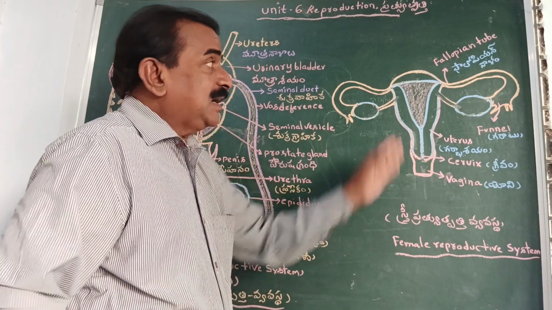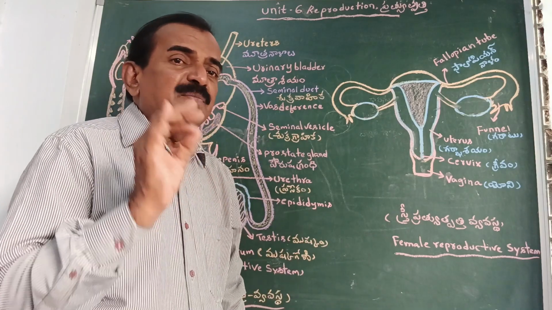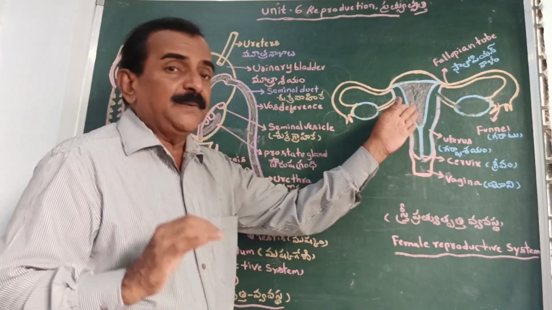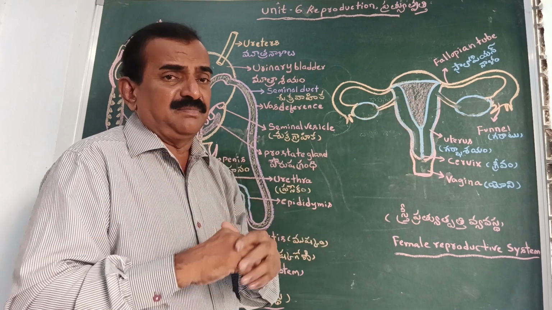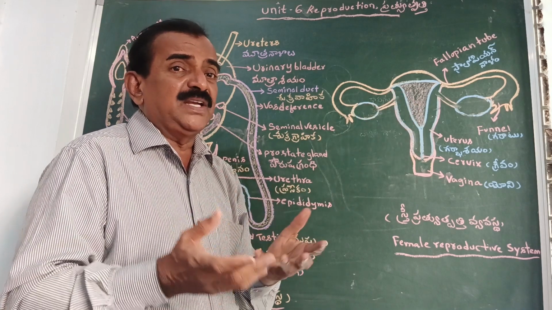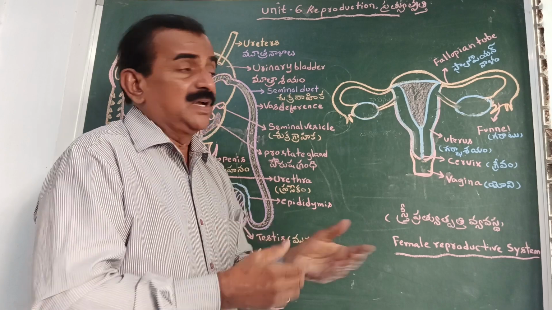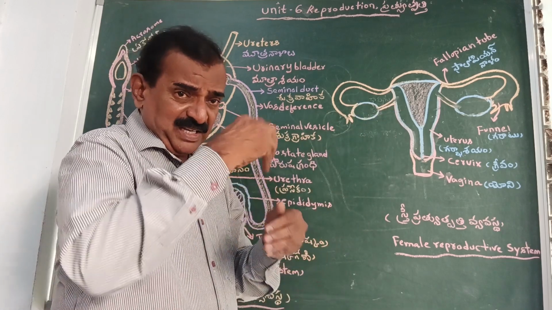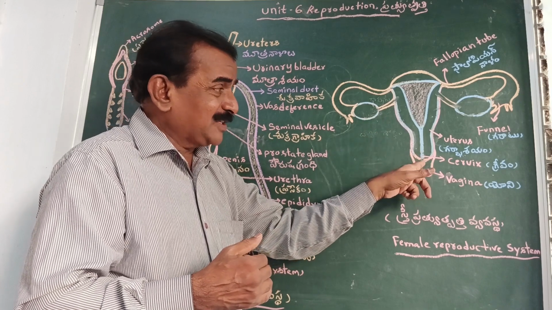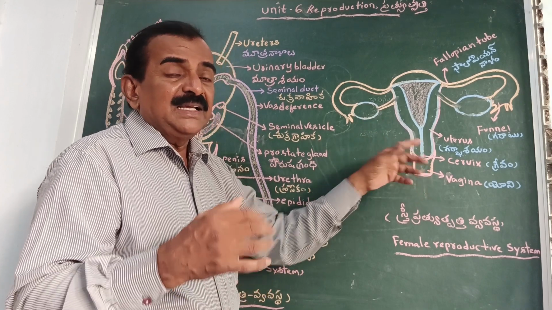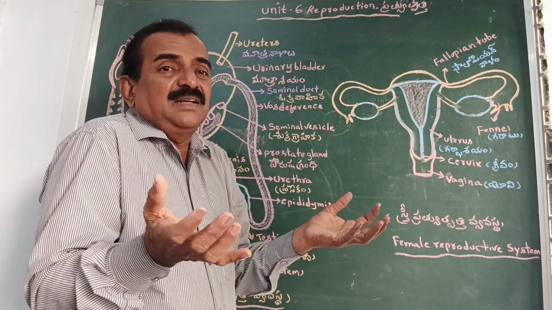The total time required for growth of the embryo in the uterus of the mother is 9 months or 280 days, and that is called the gestation period. After the gestation period, the head of the baby turns toward the cervix and vagina, and labor pains take place.